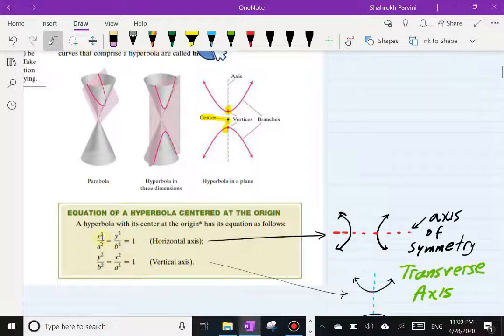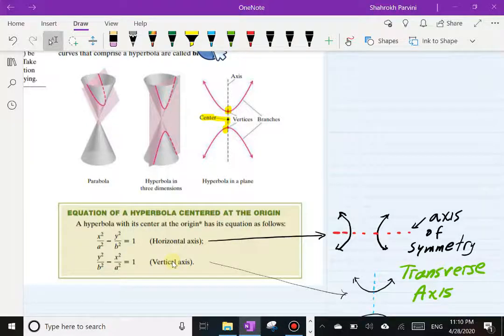Now, if the equation of the hyperbola starts with x, then the axis of symmetry is going to be a horizontal axis. And if the equation of the hyperbola starts with y, then the axis of symmetry is going to be a vertical axis of symmetry. Just like we have here, the equation starts with y, and therefore the axis of symmetry is going to be vertical.